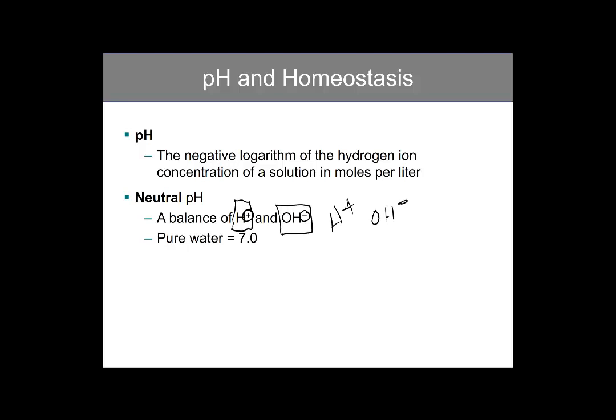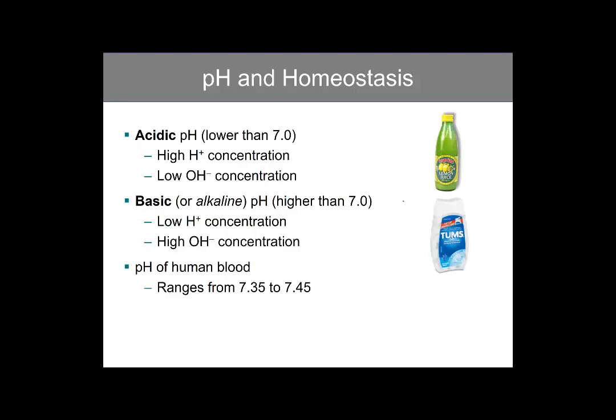Pure water has a pH of 7. Anything lower than 7 is considered an acidic pH, and acidic pH solutions have a high hydrogen ion concentration and a low hydroxide concentration.